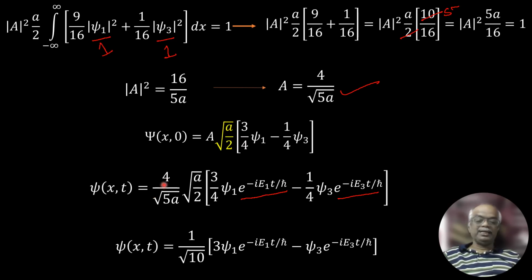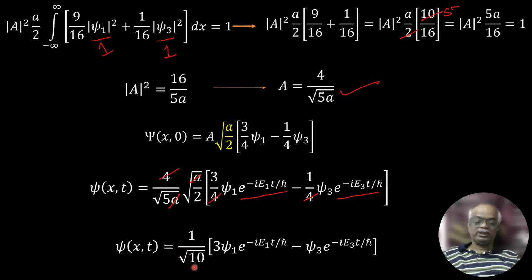Here you can cancel some of the terms. Square root of a will get cancelled with the square root of a, and here 4 will get cancelled with this 4, and here you have 4 will get cancelled. So in the denominator you will have square root of 5 into square root of 2, which is square root of 10.